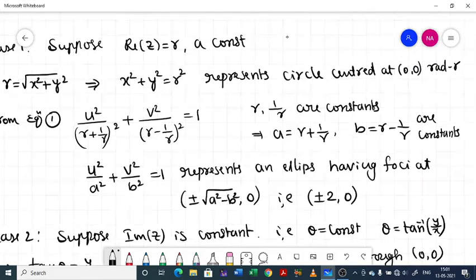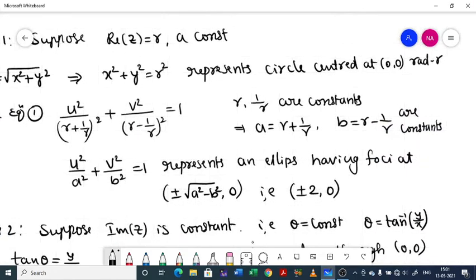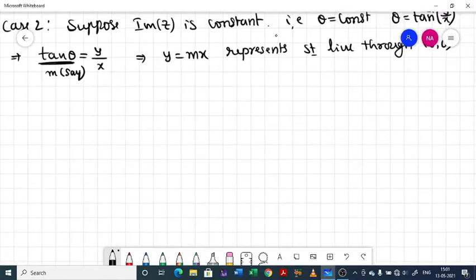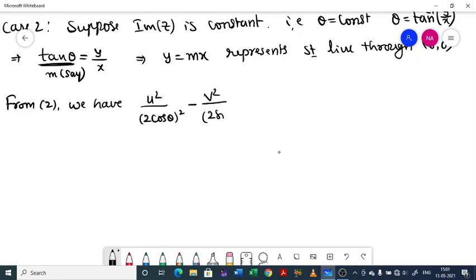Now if you look into this, yes, we need to use equation 2 that says u square by (2 cos theta) whole square minus v square by (2 sin theta) whole square equal to 1.